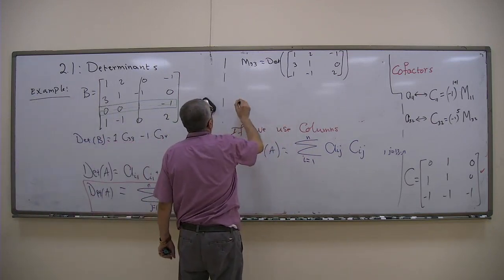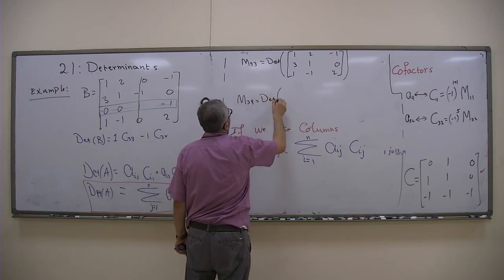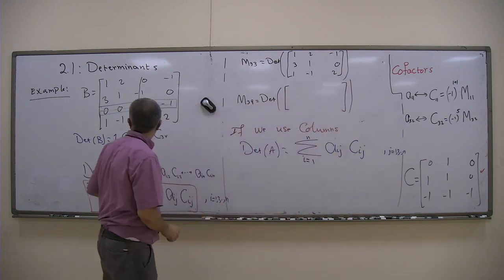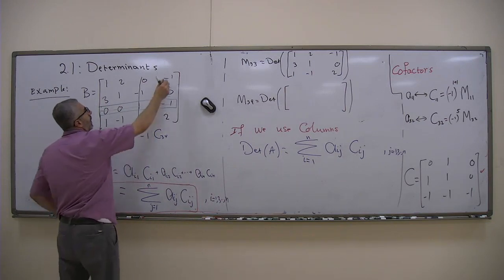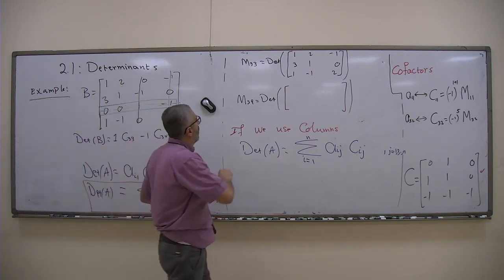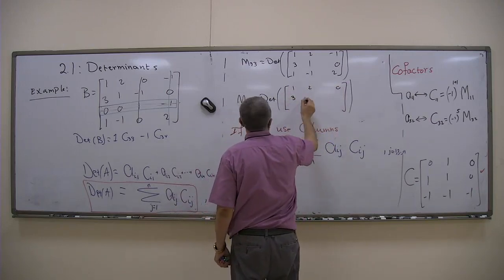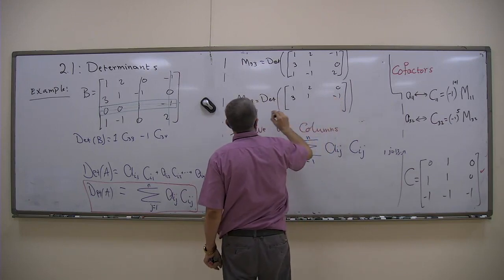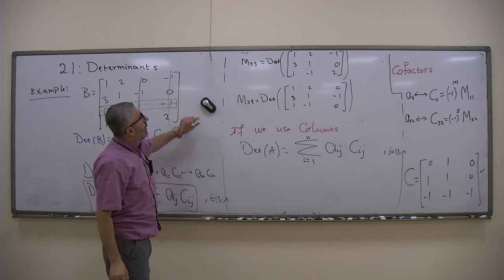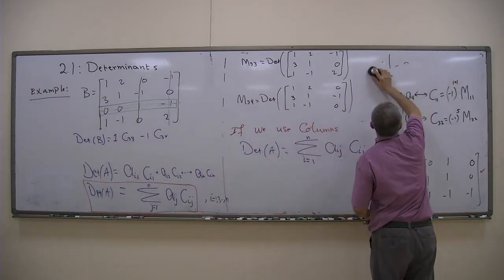And M34, that is the determinant of, cover this, cover this. So you have 1, 2, 0, 3, 1, -1, 1, -1, 0. All right, so let's find each one of those.